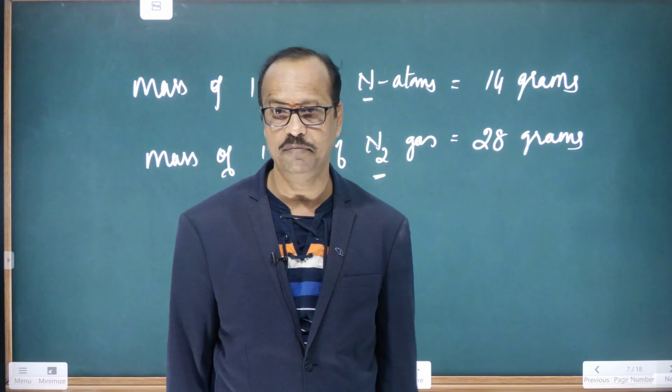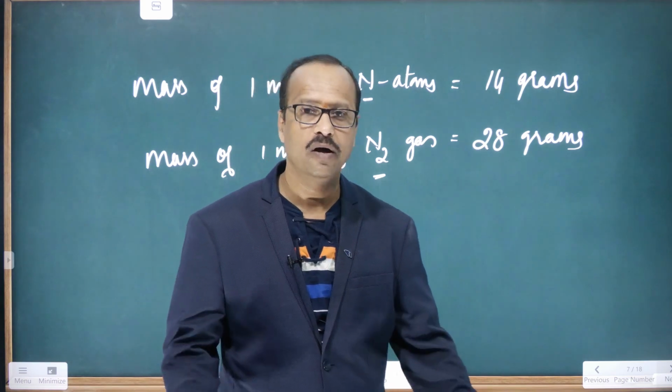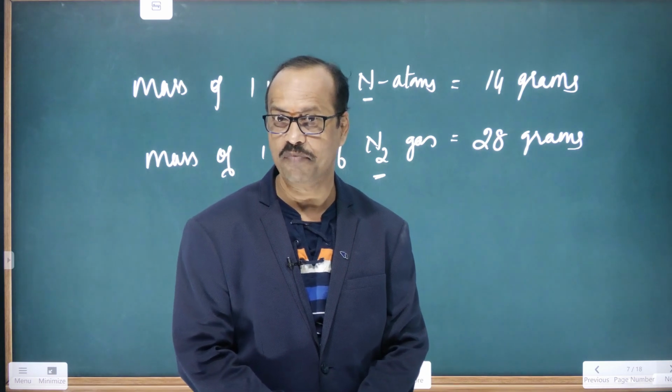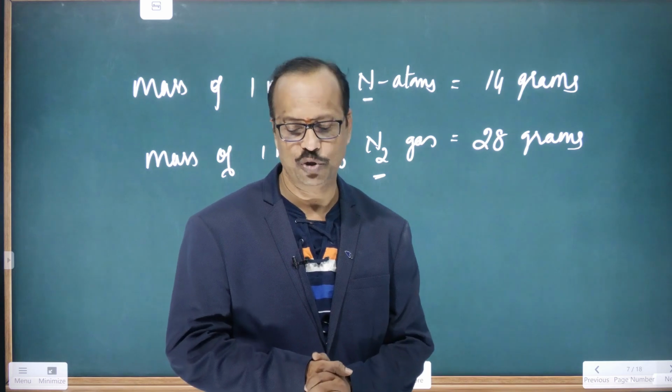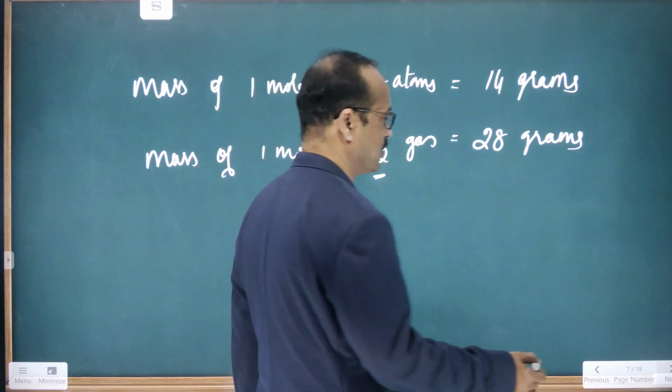Everything is fine, sir, but what is a mole? You already said that mole is the SI unit of quantity of matter, right? But how can I understand it? So, students, here you have to remember one important point.